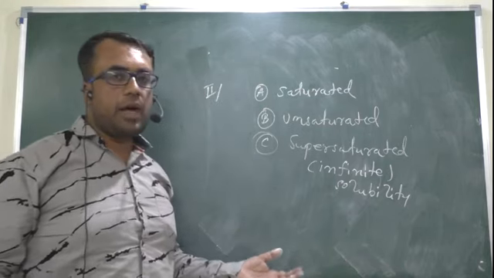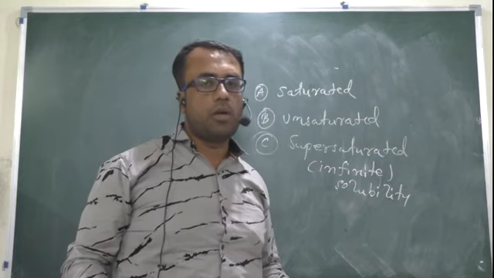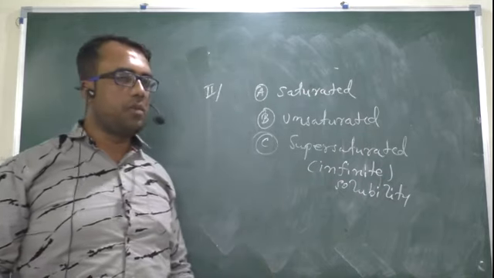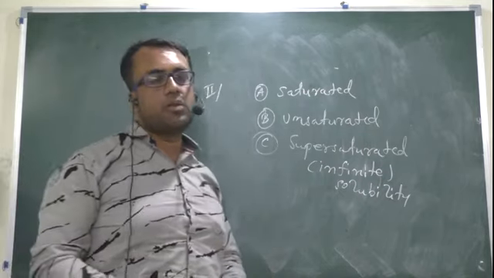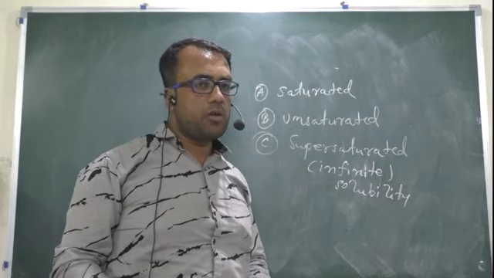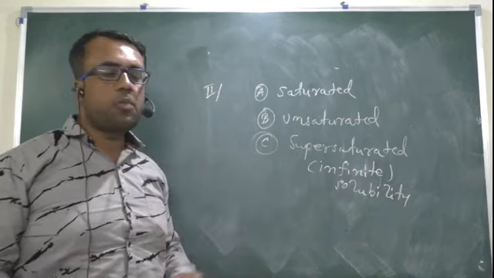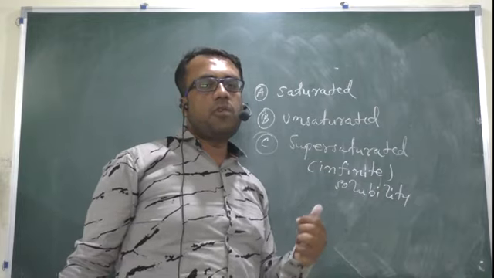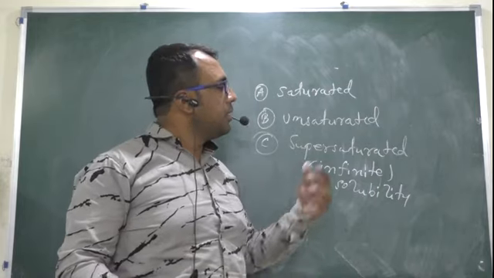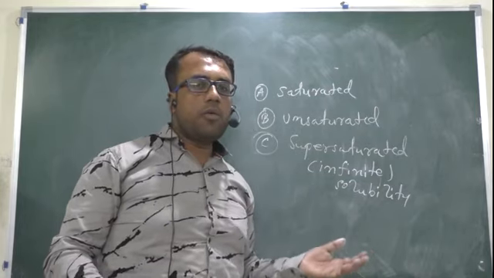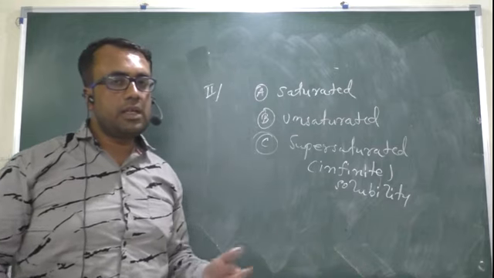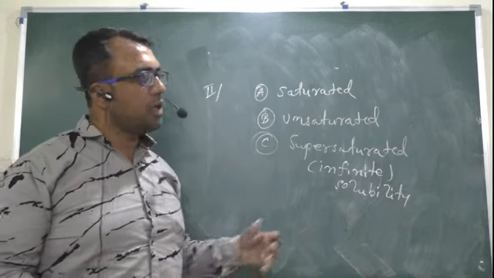As much salt as you add in the seawater, it's going to dissolve. There is no end for such solubility. So such types of solutions are supersaturated solutions. Remember one thing about supersaturated solutions, that the amount of solvent is in very large quantity in comparison to that of solute.